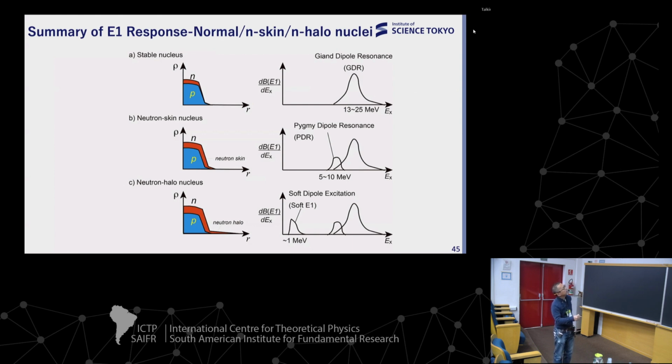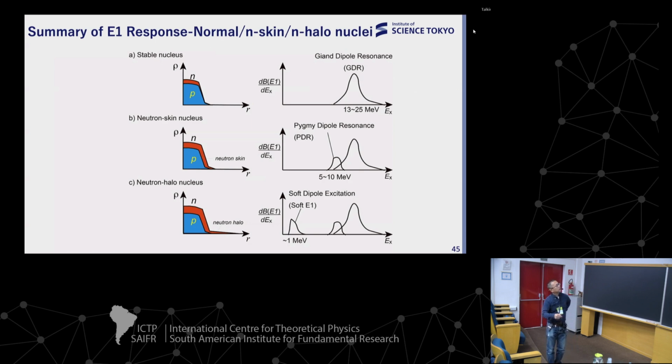So if you look at the density distribution for a stable nucleus, a neutron skin nucleus, and a neutron halo nucleus, you can see that the neutron skin nucleus has some extra neutron distribution over protons like this. But basically this profile is similar. For a neutron halo nucleus, we have extra distribution which has a different slope like this.